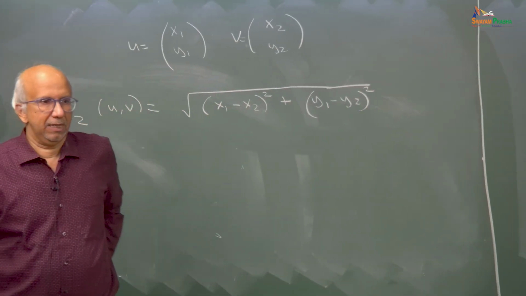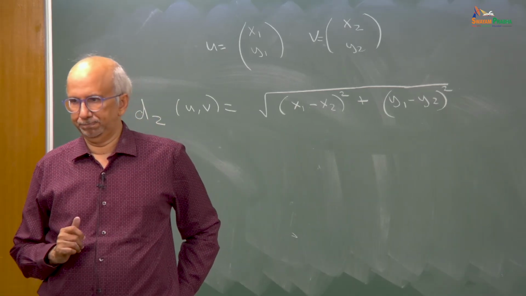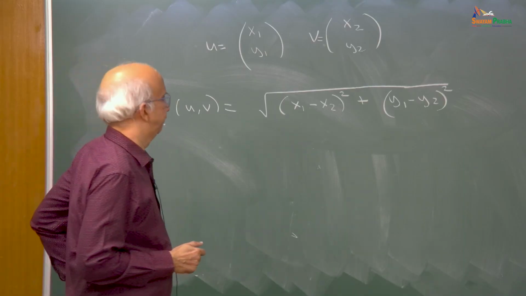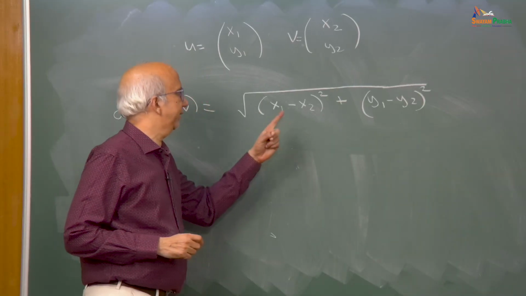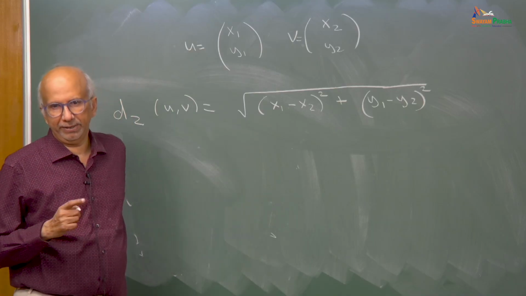This is your classical Euclidean distance definition, and that I am calling d2. But the point I am making here is this is not the only way I can define a metric. I can define a metric in some other way also.